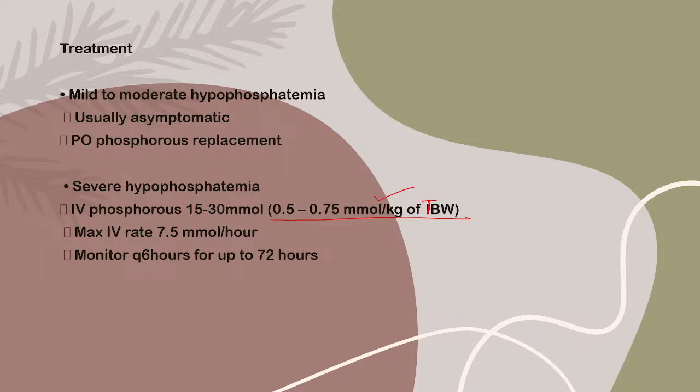The maximum IV rate is 7.5 millimole per hour. If we are treating intravenously, we need to monitor phosphorus levels every 6 hours up to 72 hours of infusion. All right.